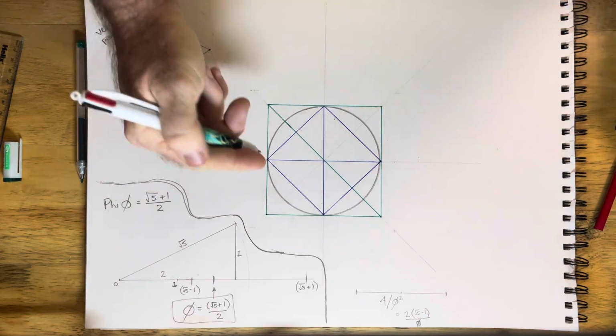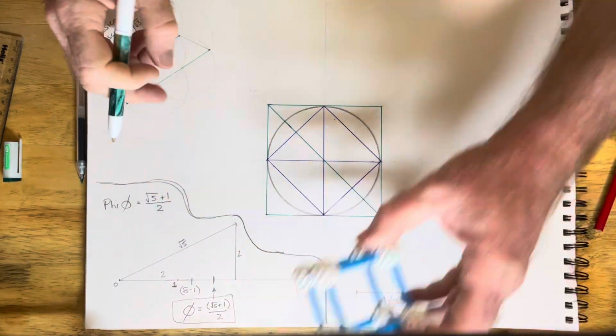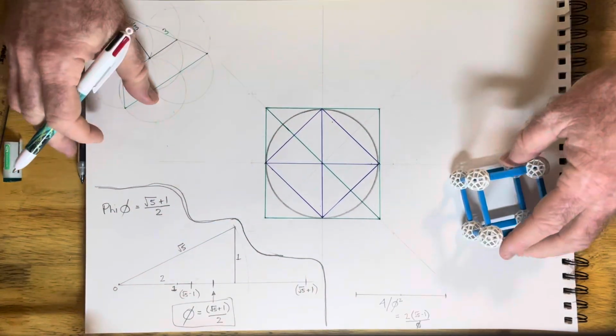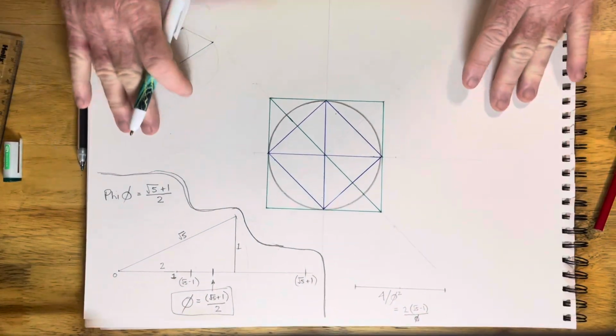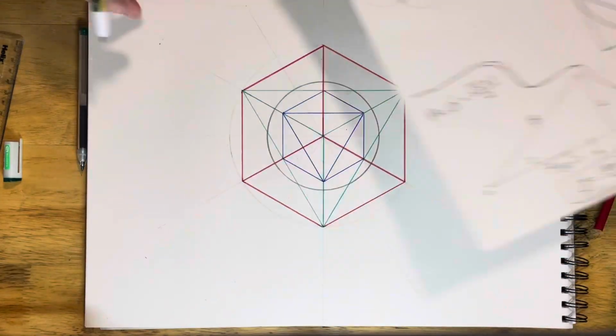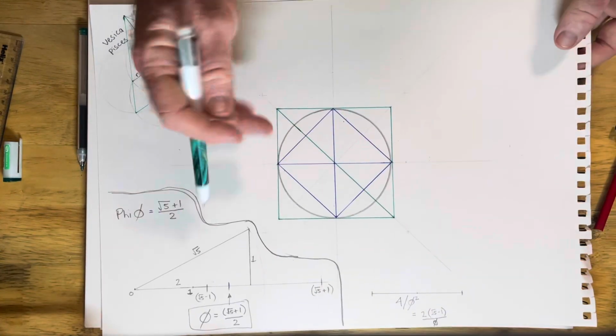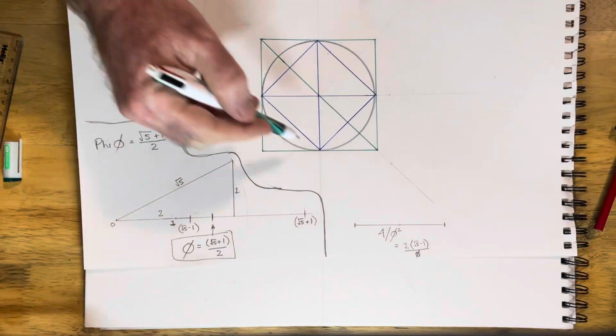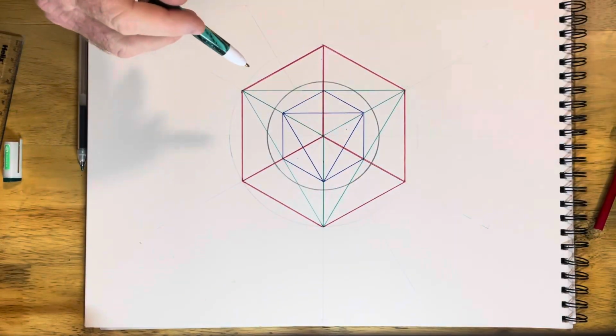And then drawing the cube on here, the cube is 2 by 2. We already have it. We've got it in green, but we're just going to leave it like that. So we've got the cube here, we got the cube here, we got the tetrahedron in green, we got the octahedron in blue, we got the unit circle or sphere.